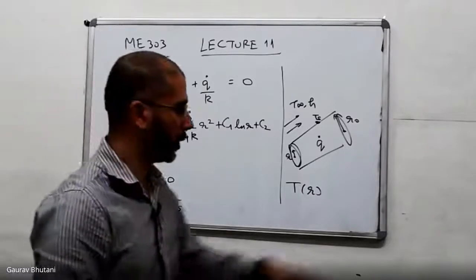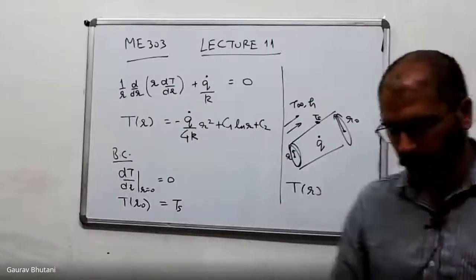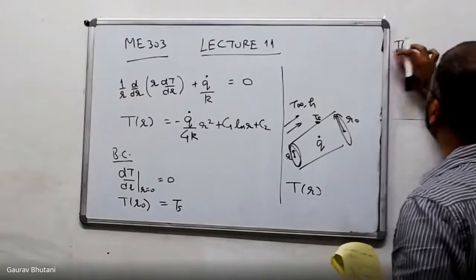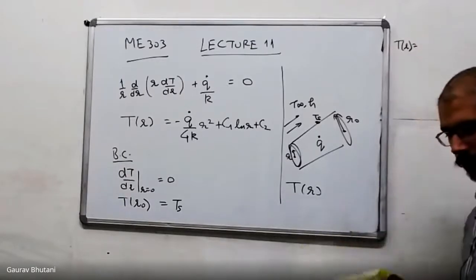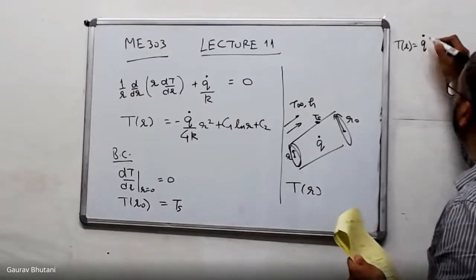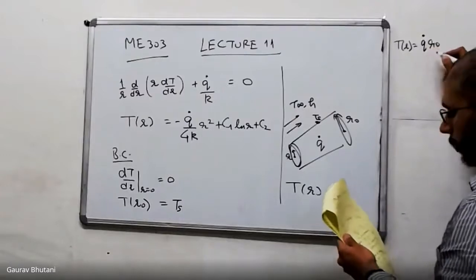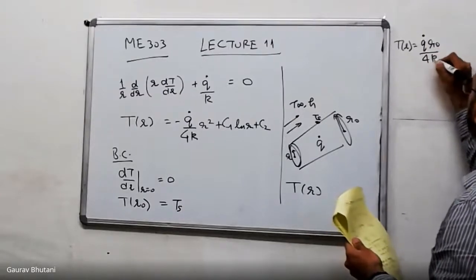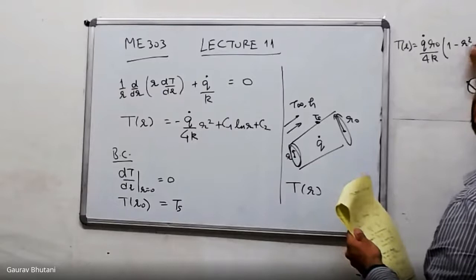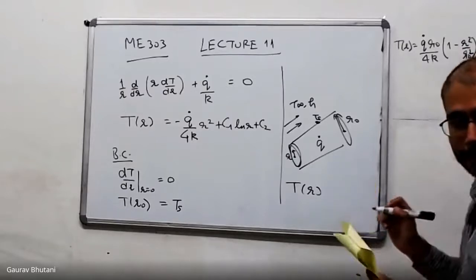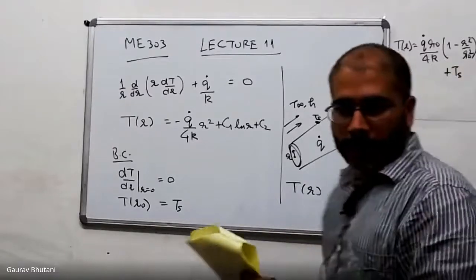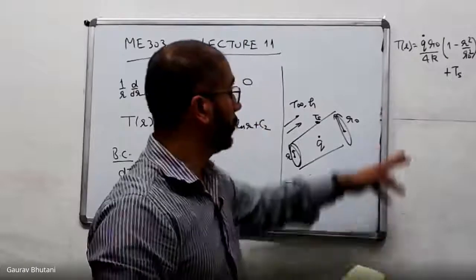Okay, so when I solve this, just making sure that whatever I write is visible. So my T as a function of R in this case, after substituting the boundary conditions, this is the temperature distribution we get.